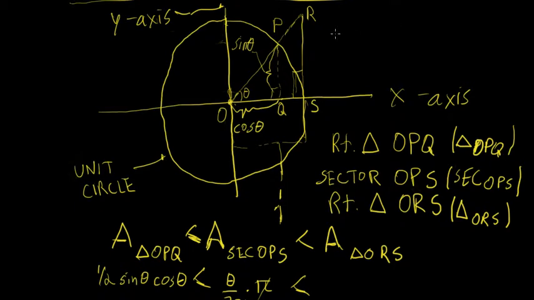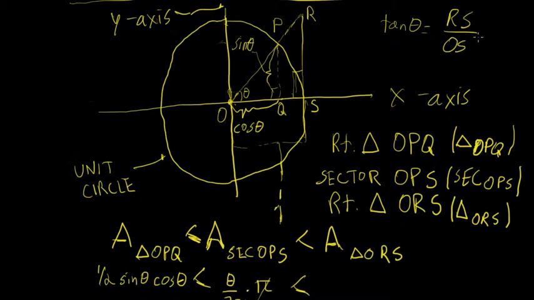If OR is the hypotenuse of right triangle ORS, and this is theta, well, what's tangent of theta? Tangent of theta, the way theta is drawn, is going to be RS over OS.